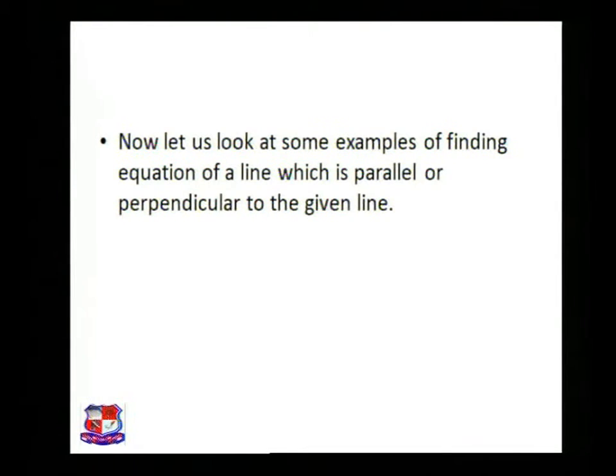Now let us look at some examples of finding the equation of a line which is parallel or perpendicular to another line. Before that, let us look at one more example.